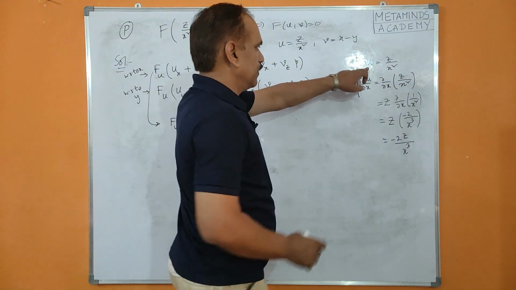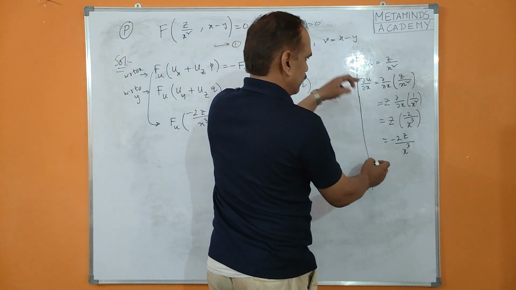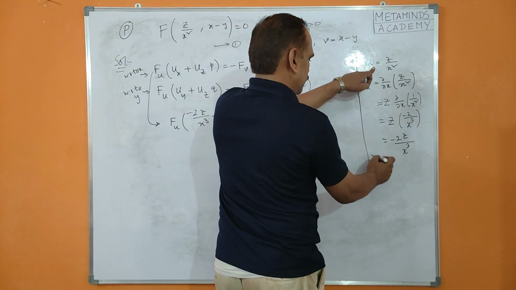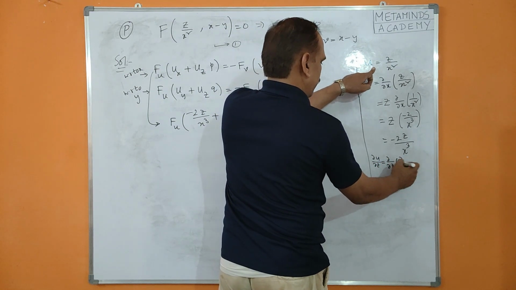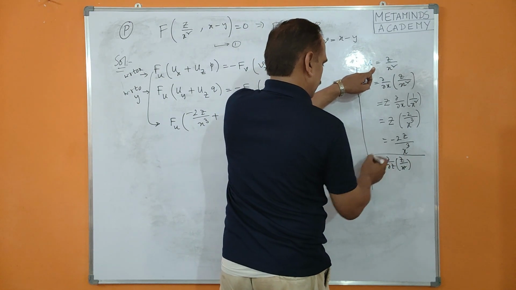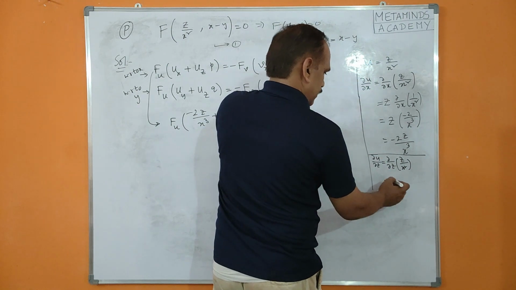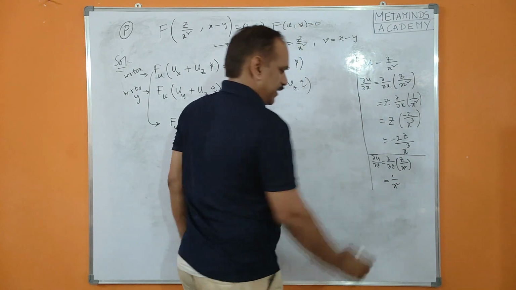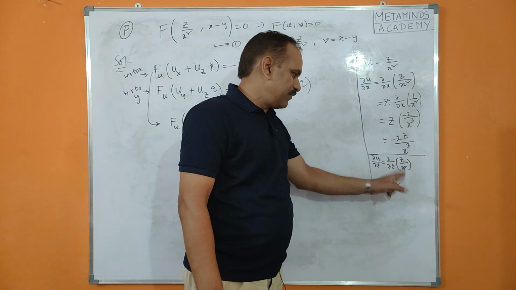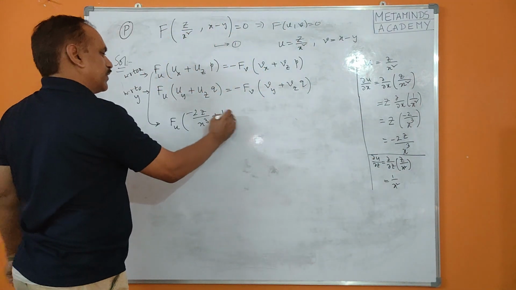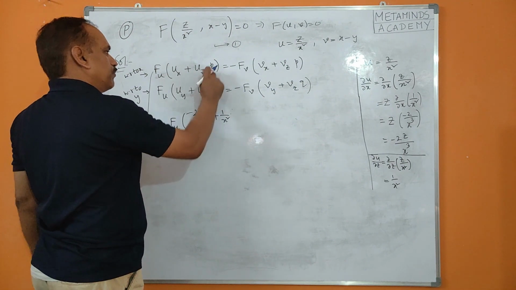Differentiate u with respect to z: ∂u/∂z is ∂/∂z of z by x square. So 1 by x square is constant here, 1 by x square comes out, ∂/∂z of z is 1. So it is 1 by x square into p.